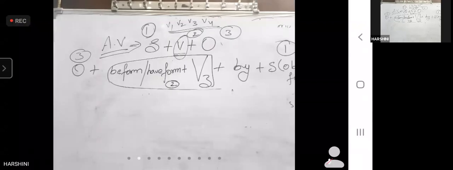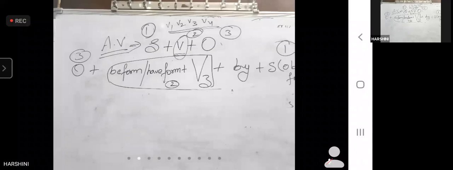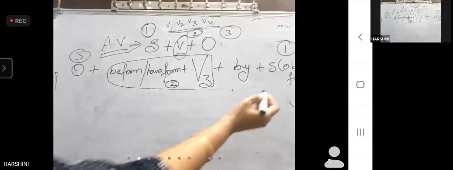Then PV implies object plus be form slash have form plus V3 plus by plus subject, brackets objective form. So I can write from here to here only.